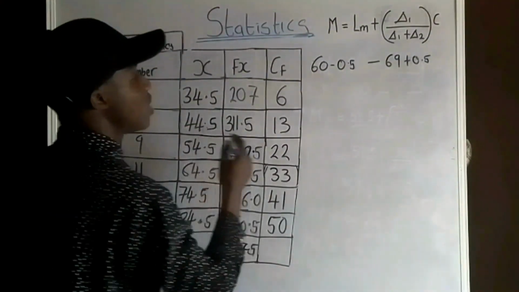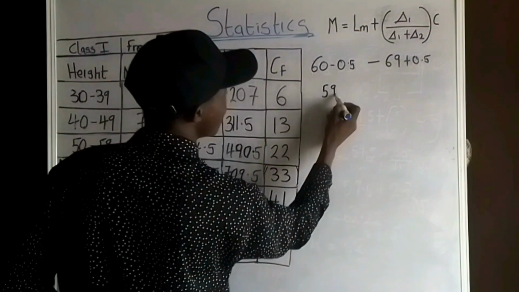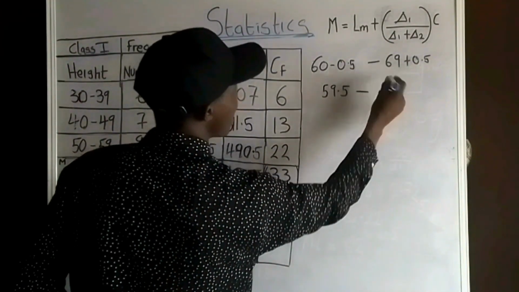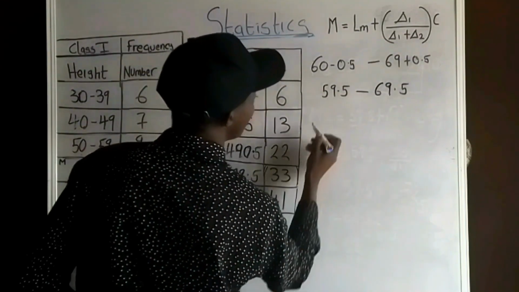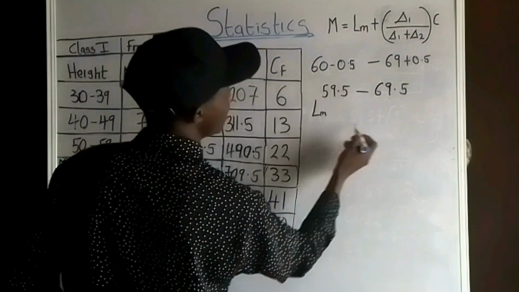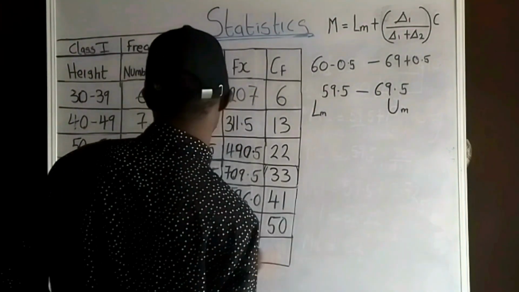So the class boundary is 60 minus 0.5, that is 59.5, and 69 plus 0.5, that is 69.5. So the lower class boundary of the modal class is 59.5, and the upper class boundary of the modal class is 69.5.